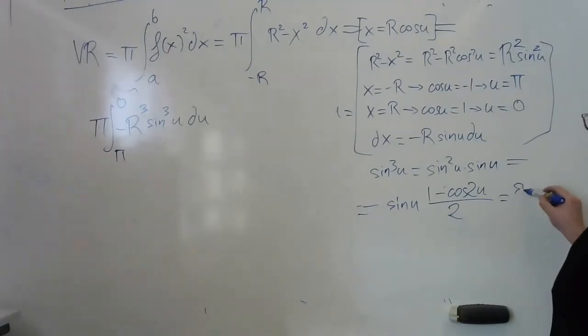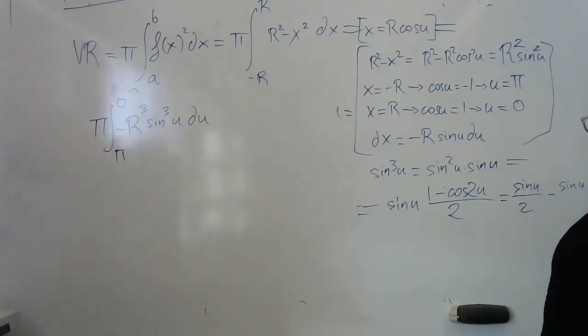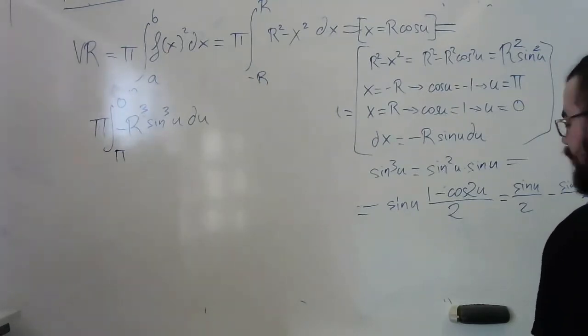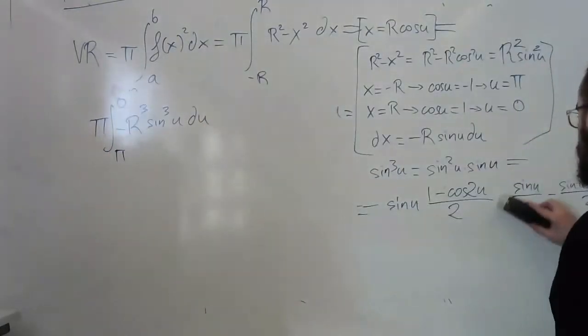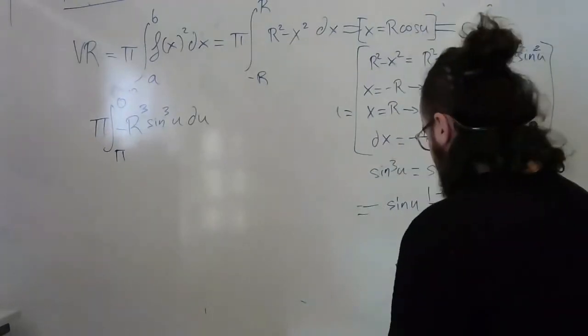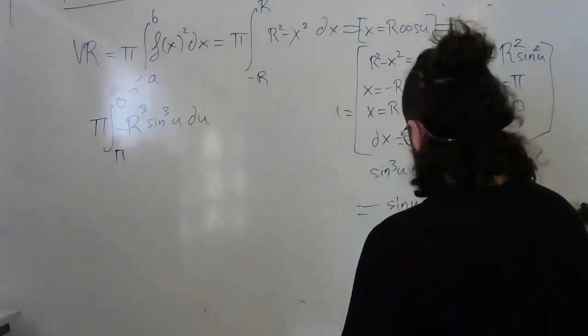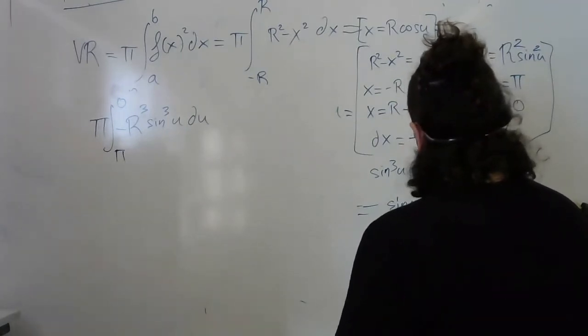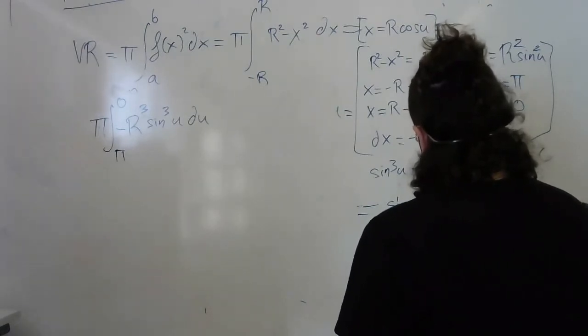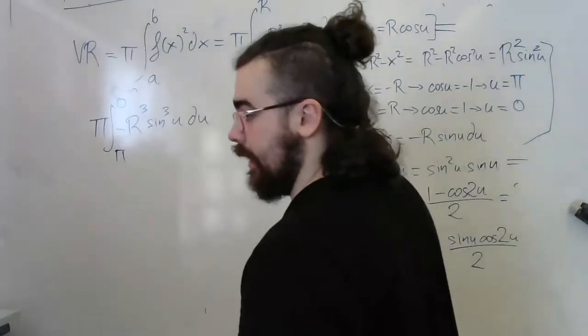This is sine of u over 2 minus sine of u cosine 2u divided by 2. And I lost it to the very tight margins of this whiteboard. So sine u over 2 minus that thing right there.